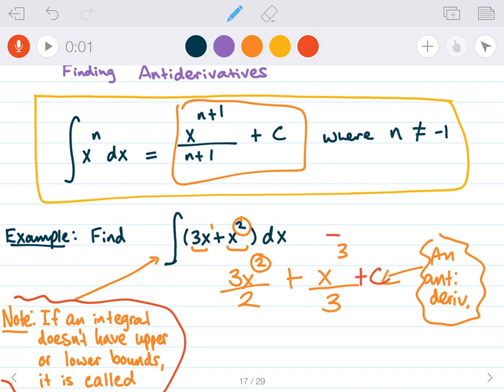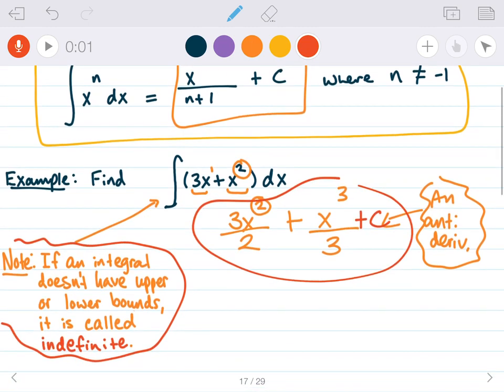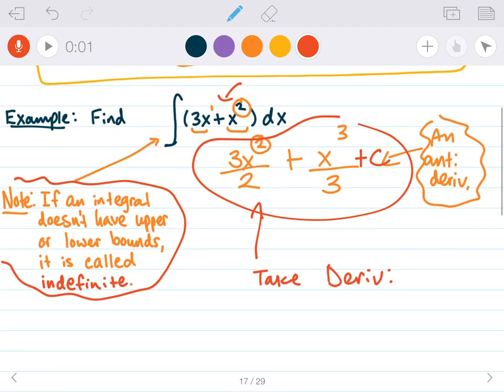Now, to check that this is indeed an antiderivative, we want to take the derivative of this and see if we get what we started with, right? So using the power rule, if I take the derivative of this term by term, well, I get 3/2 x to the first, right? Or wait, I did that wrong.